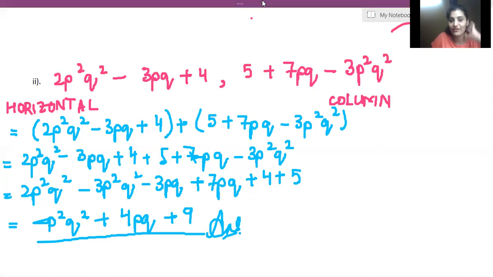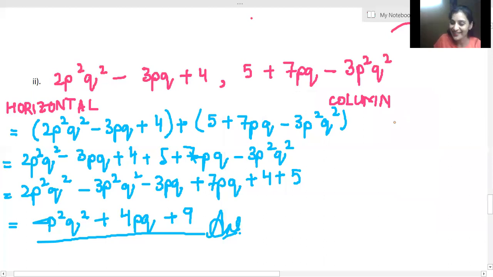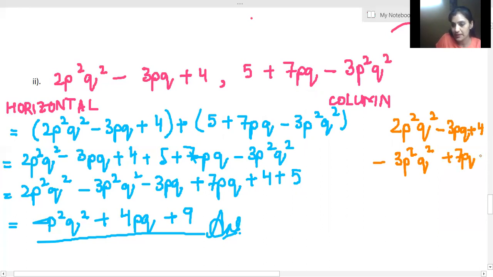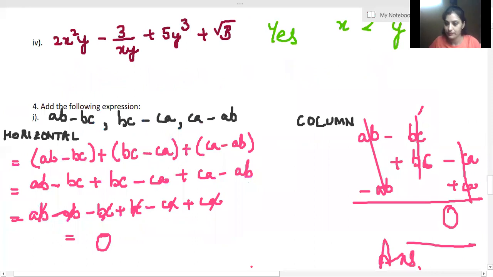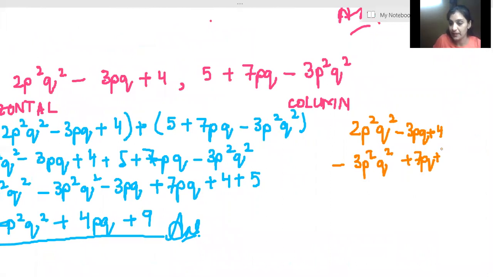Yes. Let us now see whether doing this by the column method makes any difference in our answer. Normally it should not. So just check for this, right? So now it's 2p square q square minus 3pq plus 4, right? Now it's minus 3p square q square plus 7pq plus 5.